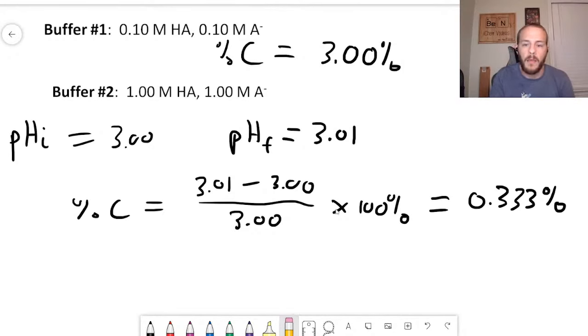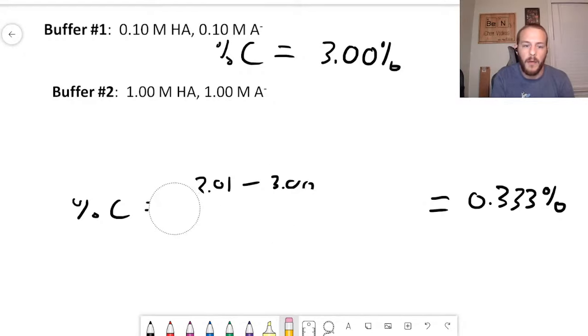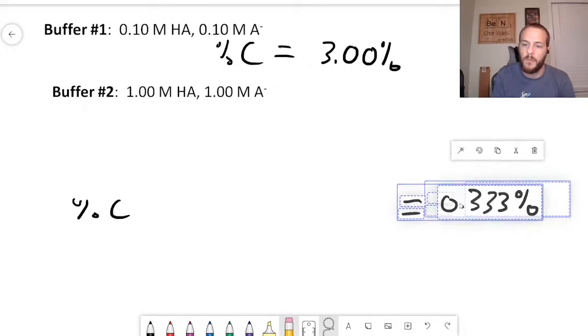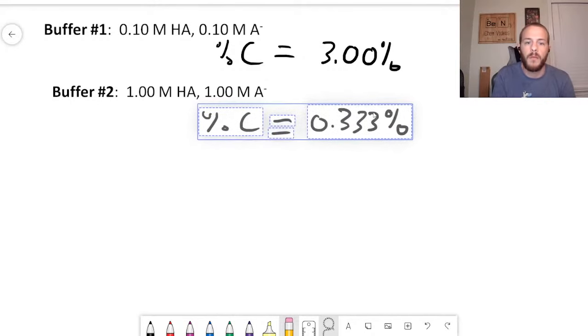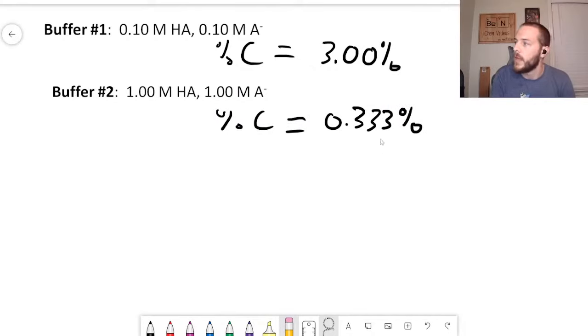So let me erase everything that I no longer need here and bring this all together. Now we can compare them side by side, right? Notice that the percent change in pH of the more concentrated buffer solution is significantly less than the percent change in the more dilute buffer solution.